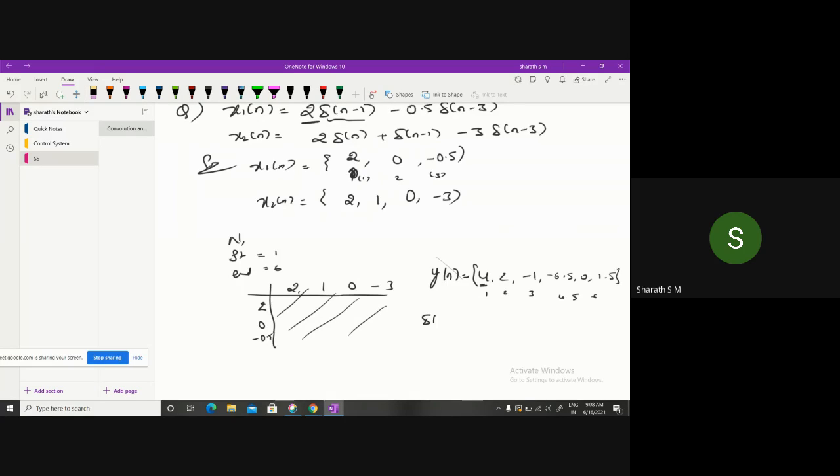We have a sample at delta of n minus 1, its amplitude level is 1. 2 indicates we have an amplitude level as 2 at 2, and then minus 1 for delta of n minus 3, minus 6.5 for delta of n minus 4, plus 0, plus 1.5 into delta of n minus 6. So write down the whole thing in terms of impulse response.